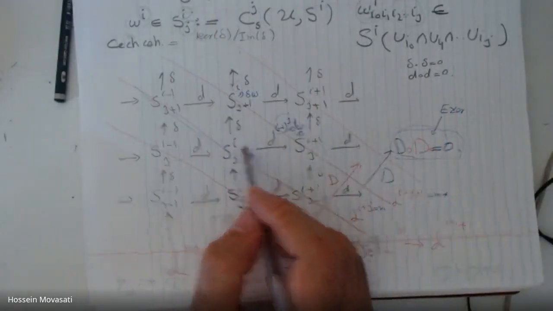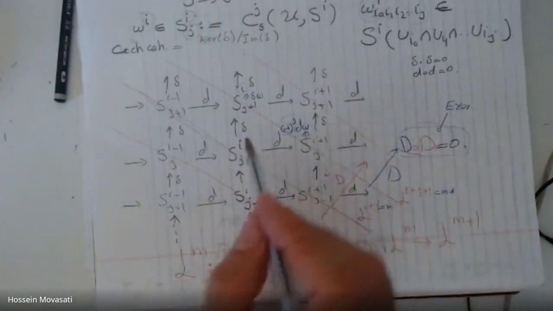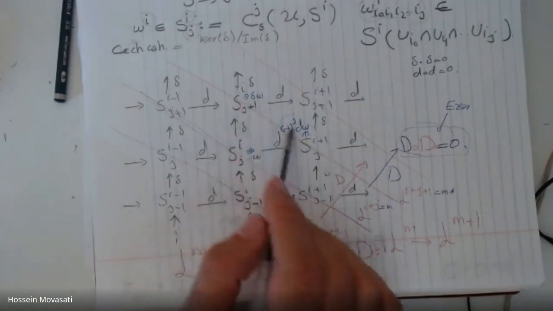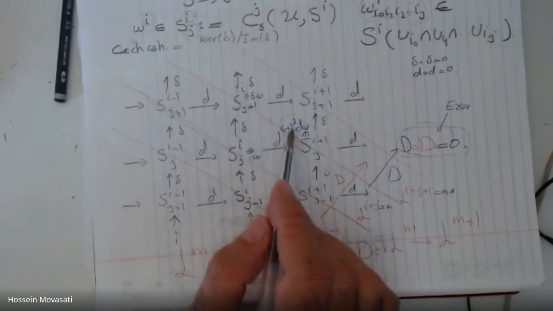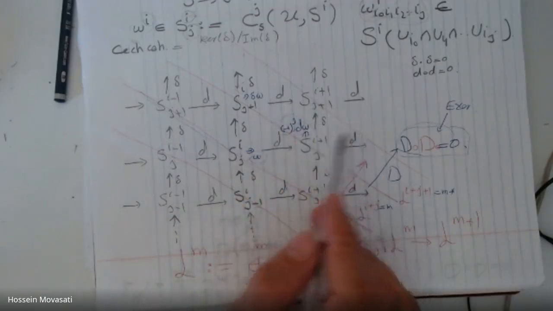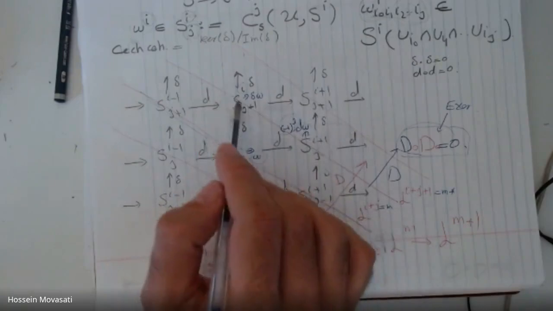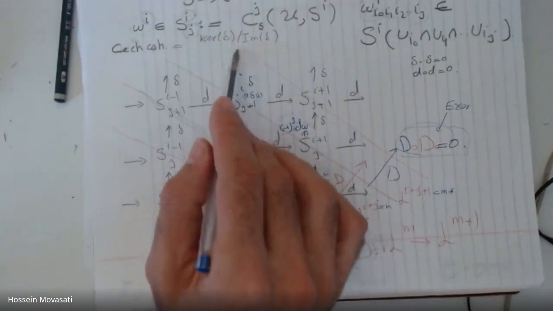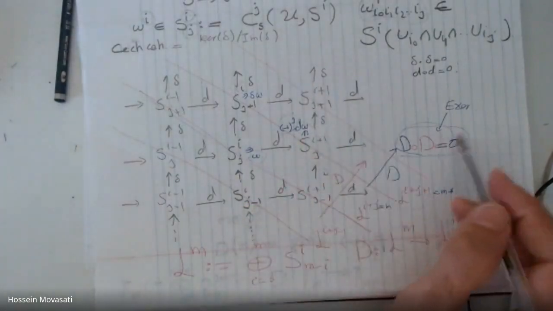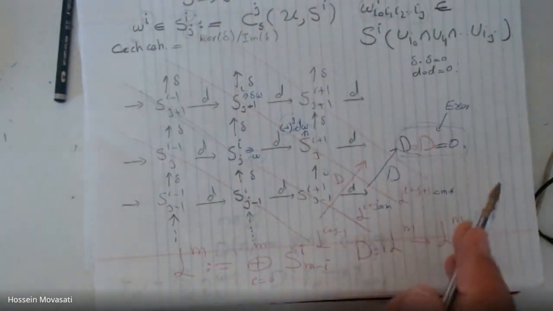So if you do this twice, then you see that each element will produce 4 elements. If you go from here to here, there are 2 elements. But if you apply D again, there will be 2 elements coming from here, and another 2 elements here and here. And there will be cancellation, and at the end, D composed with D will be 0.